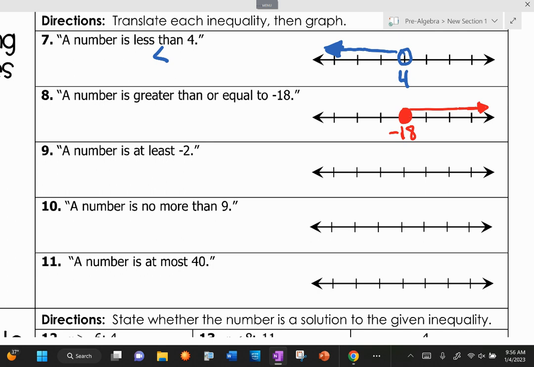So that means I have at a minimum how many? 3. Could I have more? Yes. Can I have exactly 3? Yes. So it's an or equal to problem. It's going to be a closed point, and -2 is going to be the least amount that I could have. So I need to go to the right.